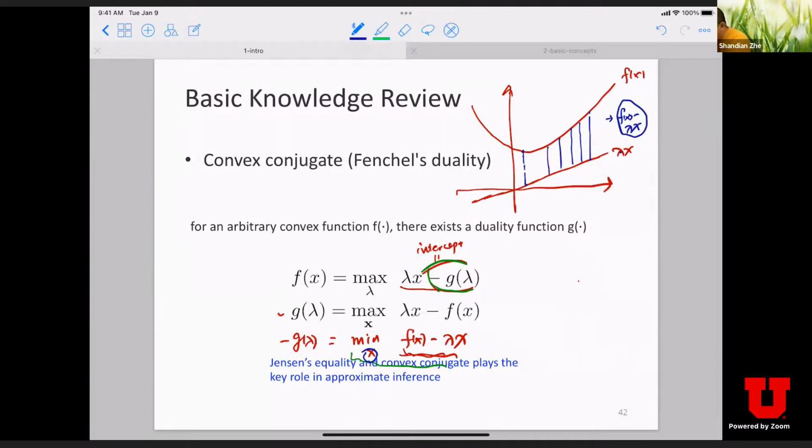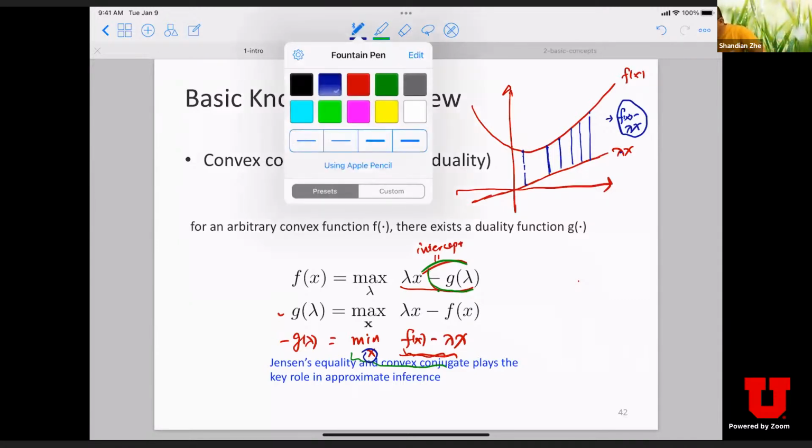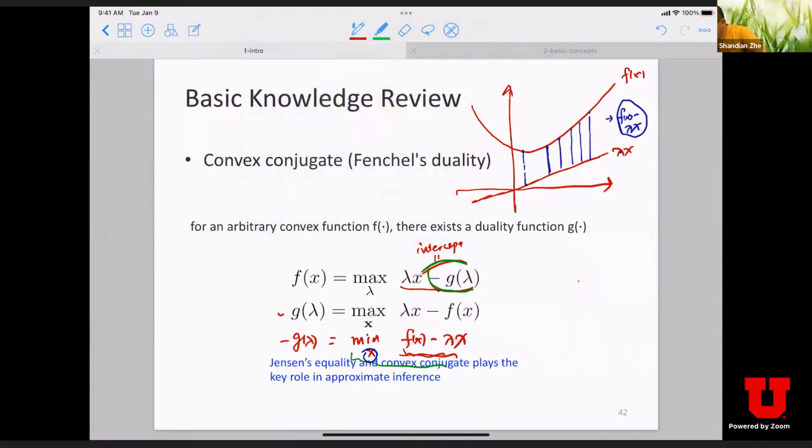So we know that this blue vertical segment indicates, at every possible x, the difference between f of x and lambda x, right? If I want to find a particular segment which is shortest, the most intuitive way is to move this lambda x parallelly upward.